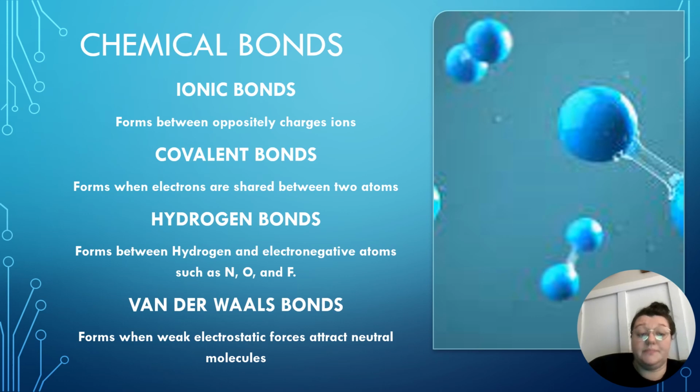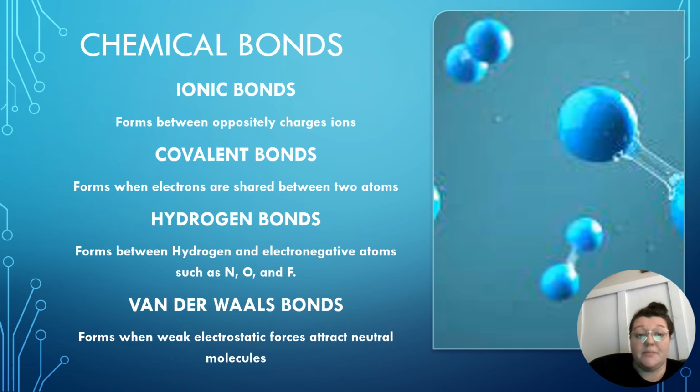Covalent bonds, this forms when electrons are shared between two atoms. So if this atom has a certain number of electrons, it can actually share with another atom that may have less, and that forms a covalent bond between the two.